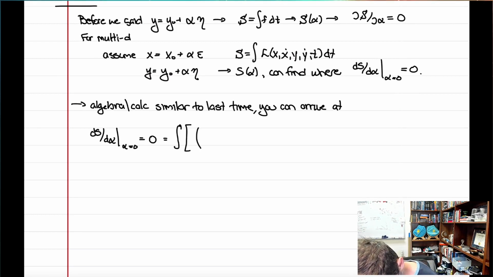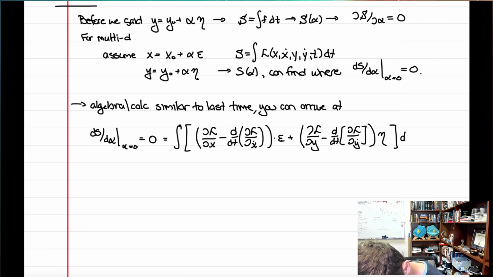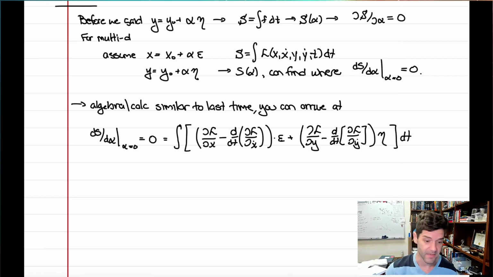One term looks like the partial of the Lagrangian with respect to x minus d by dt of the partial of the Lagrangian with respect to x dot, all multiplied by epsilon. Then there's another big term that looks like the partial of the Lagrangian with respect to y minus d by dt of the partial with respect to y dot, all multiplied by eta. And that whole big thing is being integrated over your path.